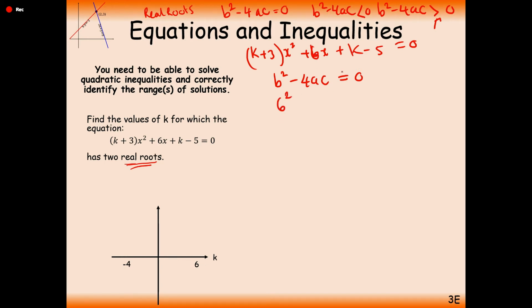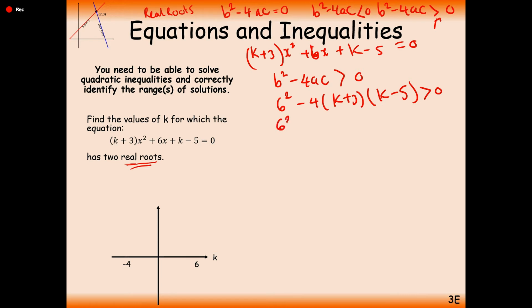So we're going to have 6 squared, and because it is real roots, we're going to have to change this to greater than 0. Now 6 squared minus 4 open brackets a, which is going to be k plus 3, close bracket, and k minus 5, and again greater than 0.